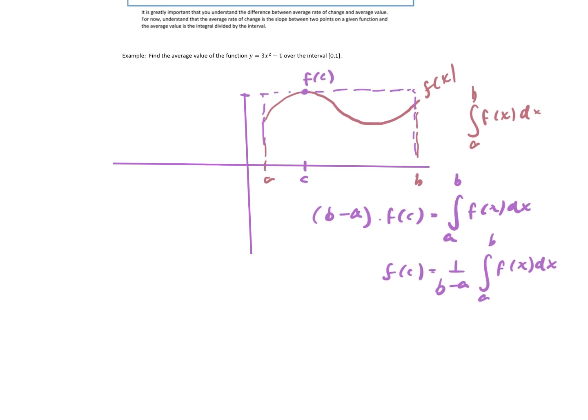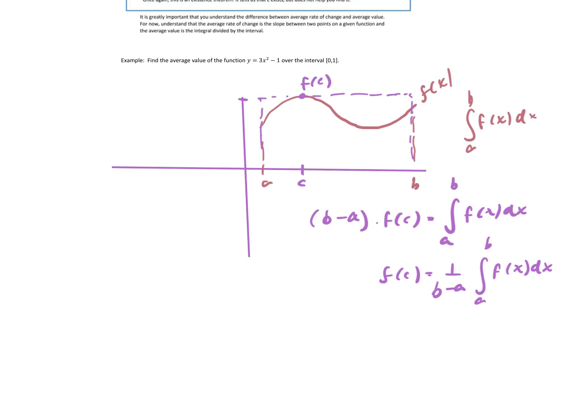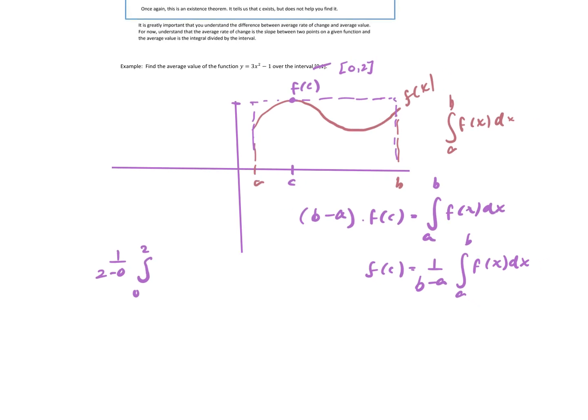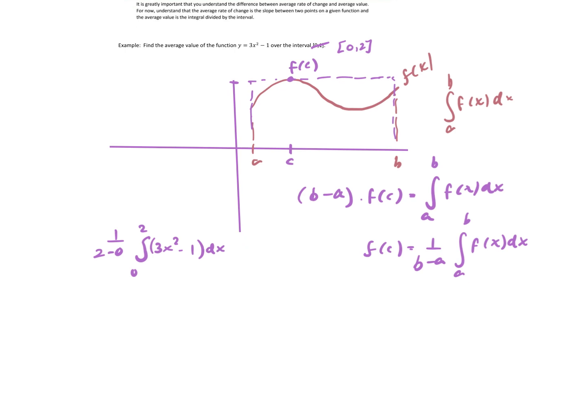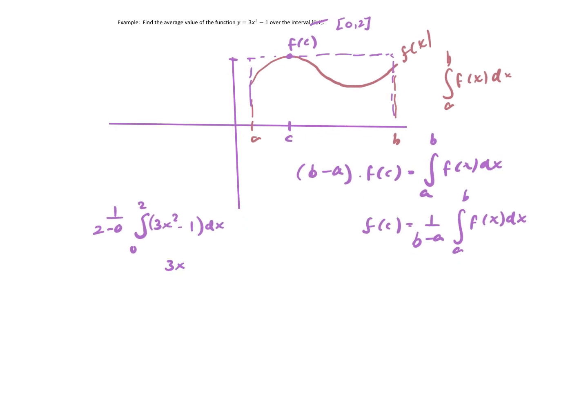It says find the average value. So we're just simply going to integrate. So it's 1 over b minus a. I'm going to change this to 0 to 2. So 1 over 2 minus 0. We just integrate 0 to 2, 3x squared minus 1 dx. So you integrate, you get 3x cubed over 3 minus x, from 0 to 2.